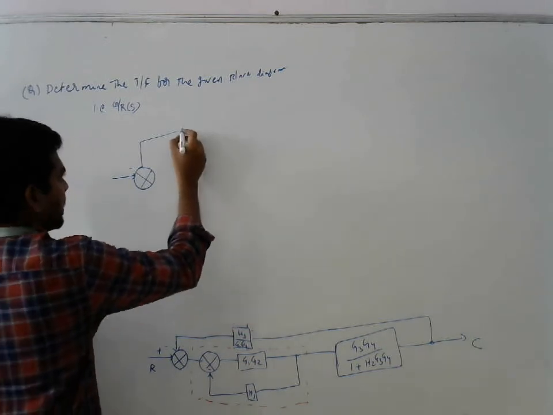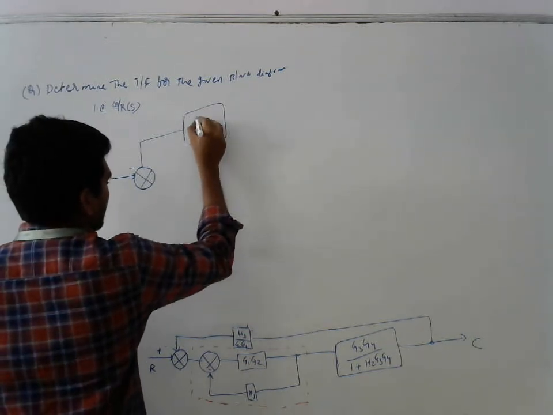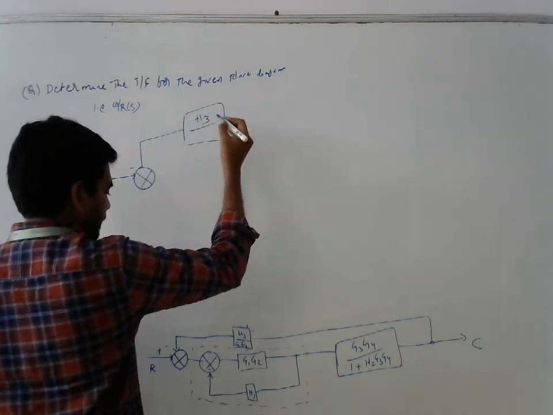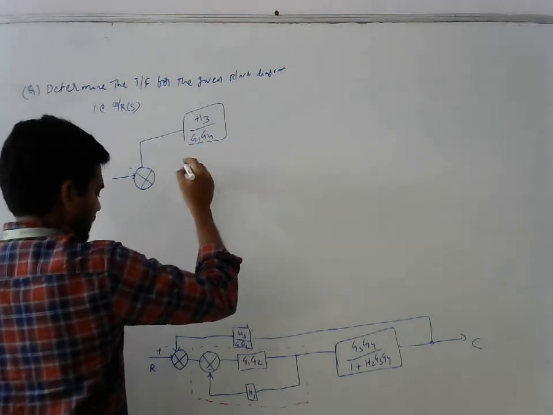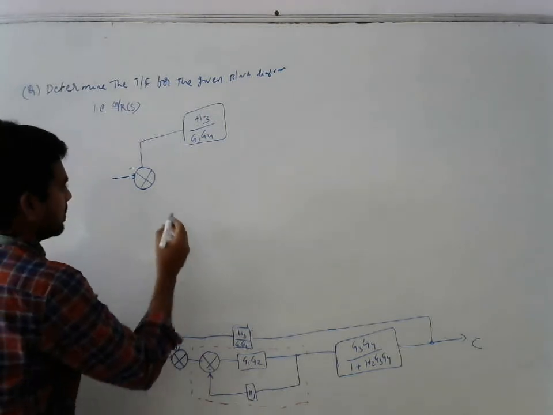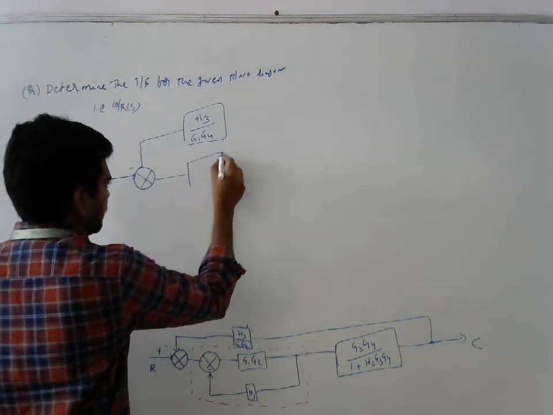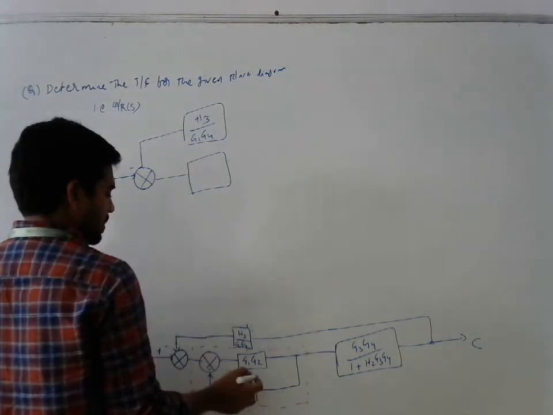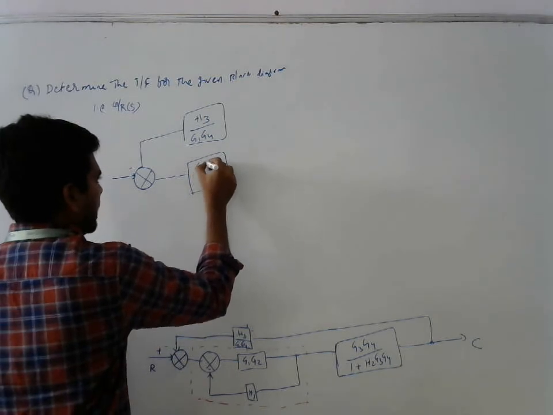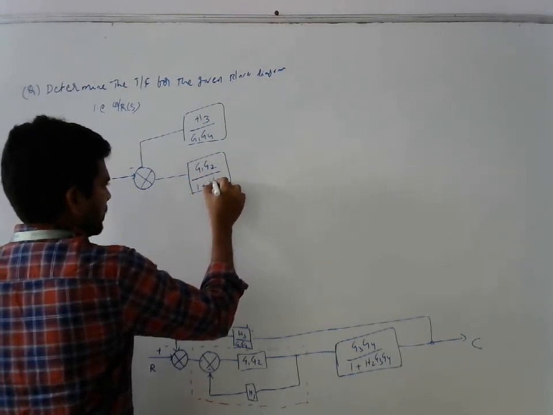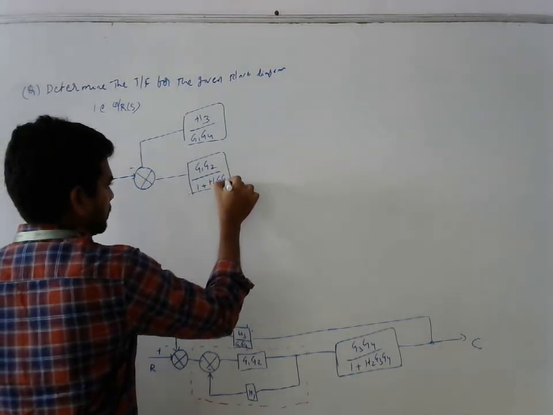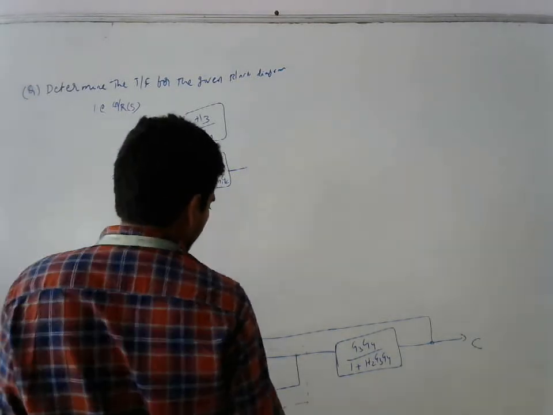On the top, we are having H3 divided by G1, G4, and this negative feedback means we are going to get G1, G2 divided by 1 plus H1, G1, G2, right?